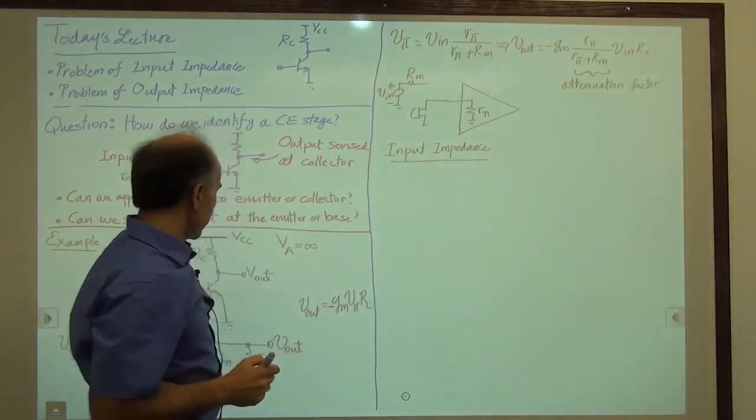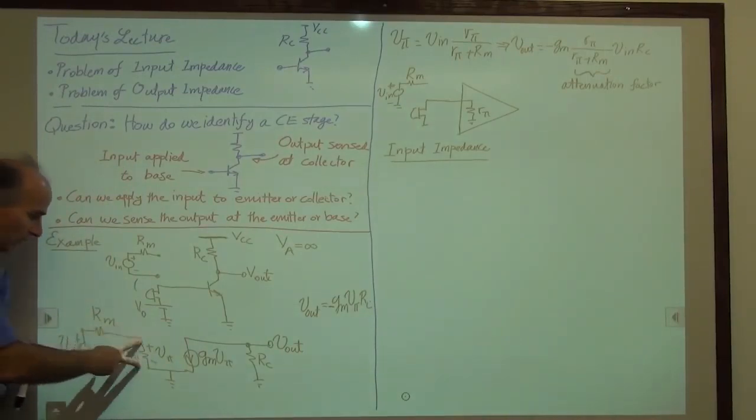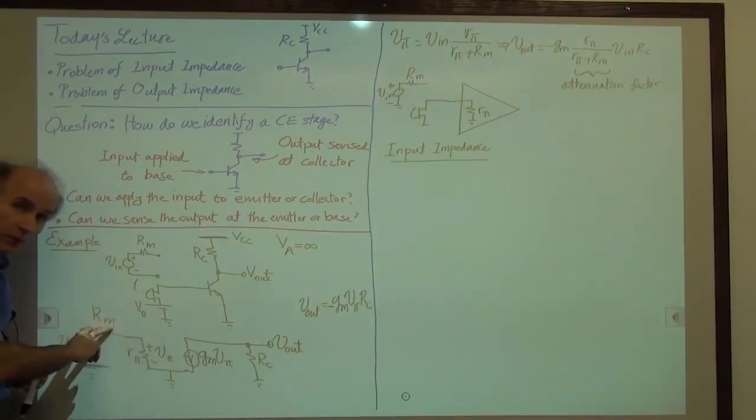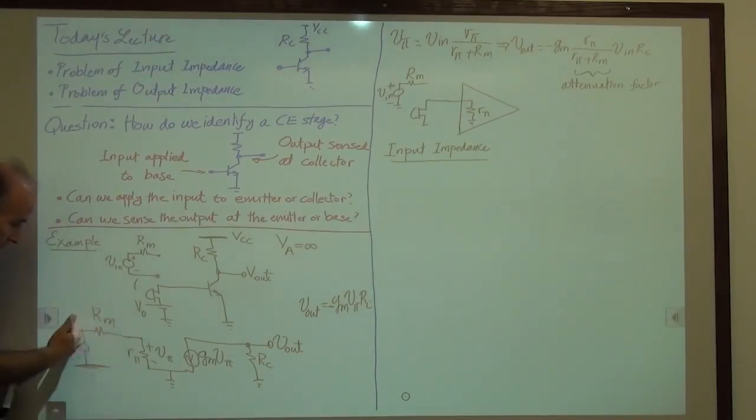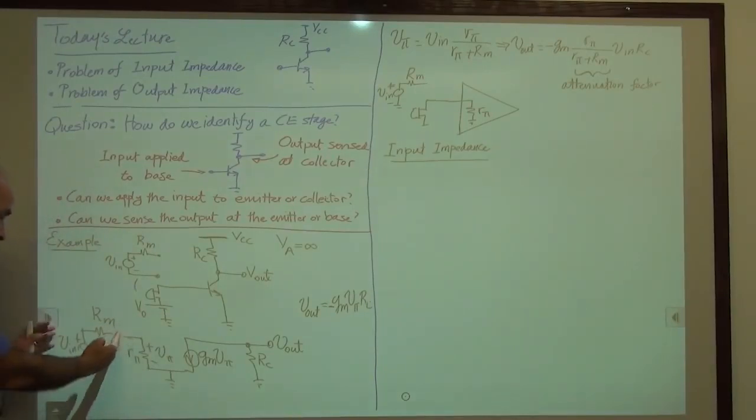All right, so again, going back here, what we see is that there is an attenuation. There's a voltage division between Rm, which doesn't belong to us, it belongs to this microphone, and this R pi. So it's this R pi that causes the attenuation, because this guy is not under our control.